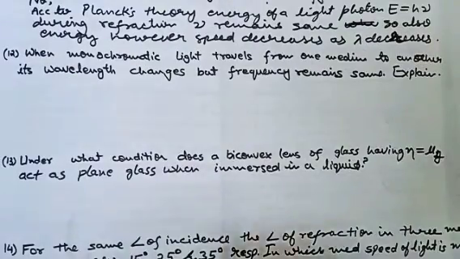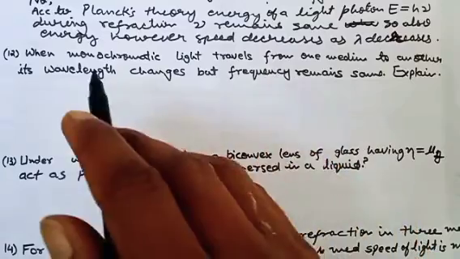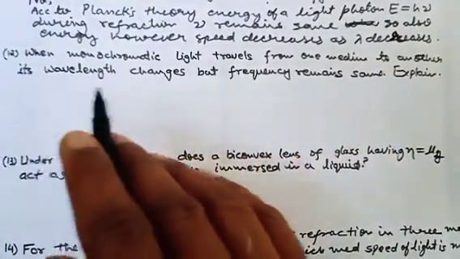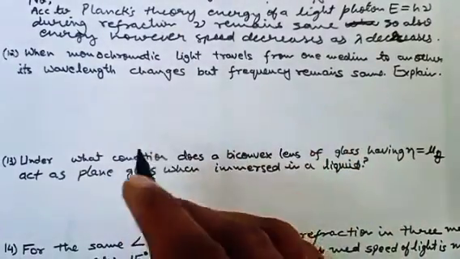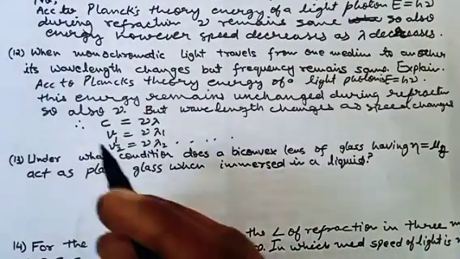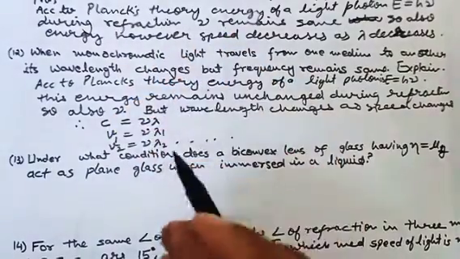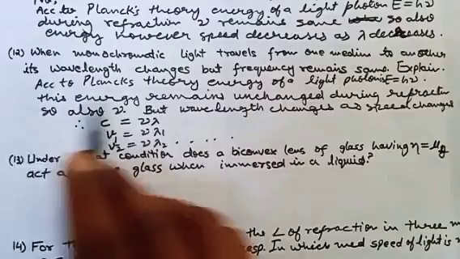Now this question: when monochromatic light, meaning single color light, that is fixed wavelength, travels from one medium to another, its wavelength changes, but frequency remains same. Explain. So actually the same answer can be copied here, but we can still write it like this. According to Planck theory, energy is this.